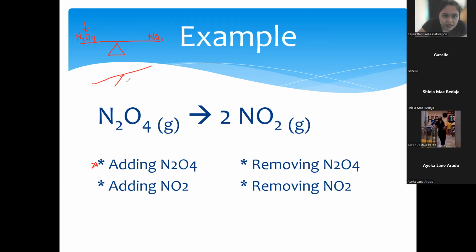Magiging ganyan siya. Kasi mas marami na yung nandito. This is the left side, this is the right side. So, where is the shift in the equilibrium here? Kapag mas mabigat na yung left side, saan papunta ang shift ng ating equilibrium? Siyempre, to the right. Okay?